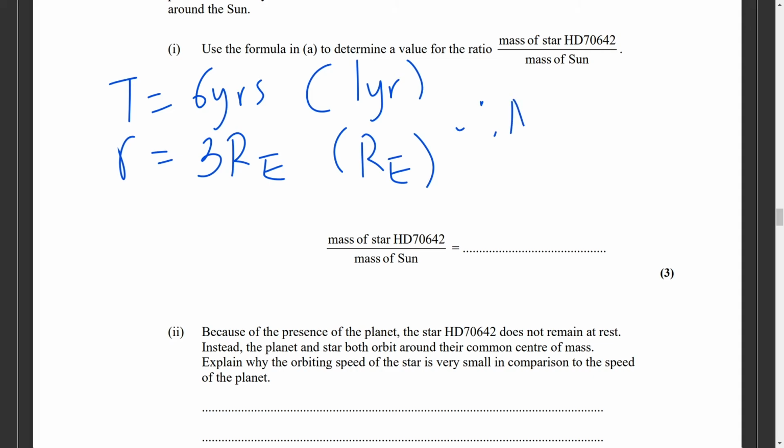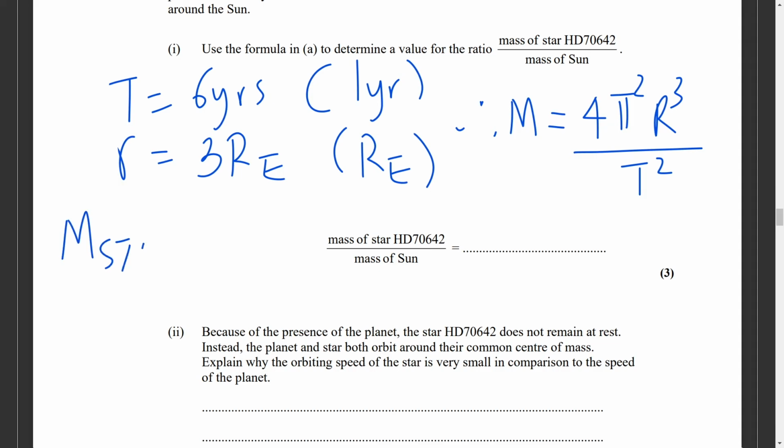Therefore, m is equal to 4 pi squared r cubed over t squared. We're going to use this ratio to find the mass of the star and divide it by the mass of the Sun and find our final answer.